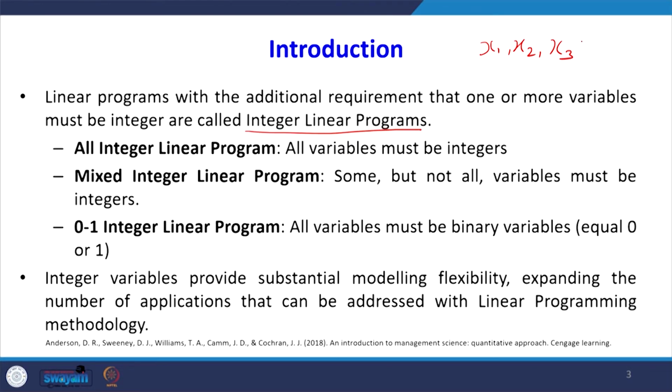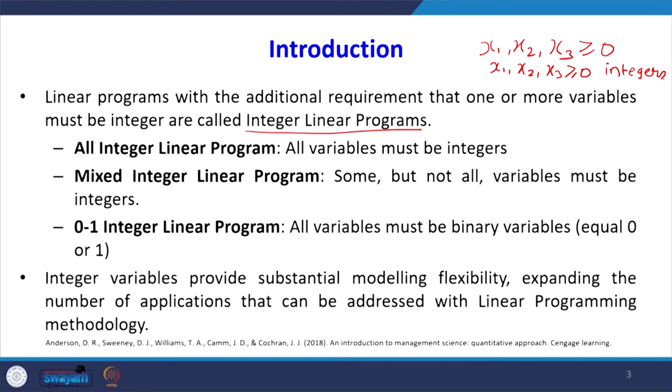We assume that they are non-negative, but apart from this we add an integer constraint, and then it is called integer linear programming. What is the meaning? x1, x2, x3 are greater than or equal to 0 and integers. There are three possibilities.